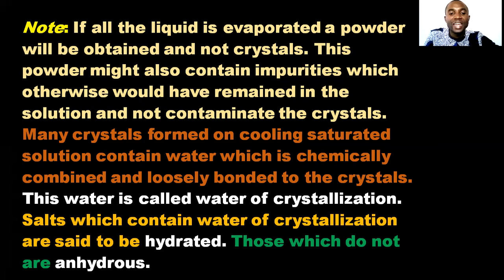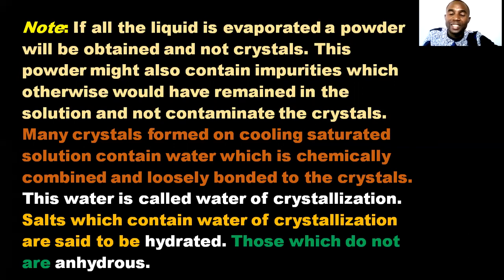All right, many crystals formed on cooling a saturated solution contain water, which is chemically combined and loosely bound to the crystal. We call it what? Water of crystallization. That is where we have the term water of crystallization. And these particular salts, which contain water of crystallization, are said to be hydrated.